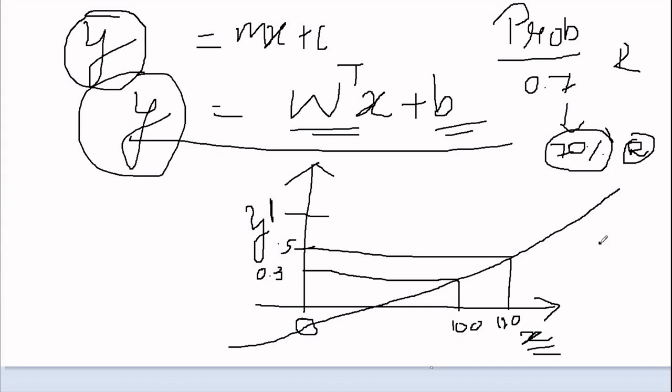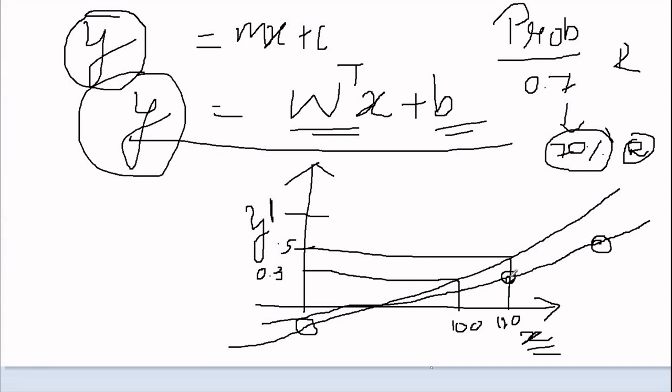But suppose we get a new data point somewhere here. Now this best fit line will change like this to adjust to this point. See this one, 120.